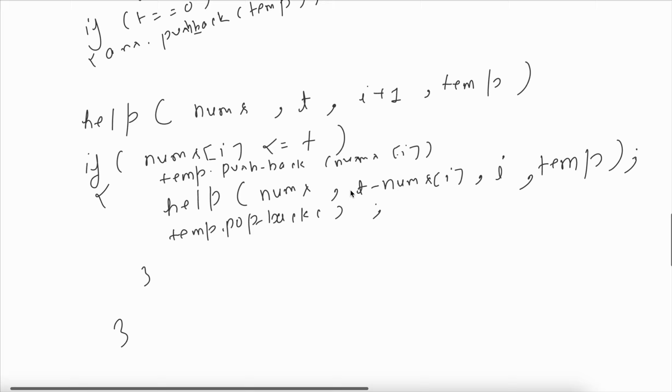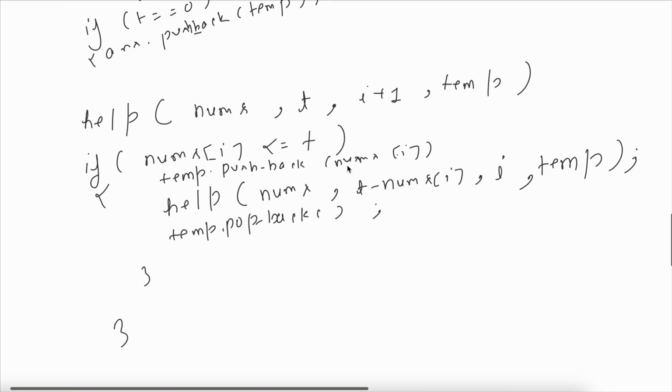Most people know that in this case we are using reference, so it won't make another copy in its recursion call. The temp won't make another copy, it will always be the same in any call.